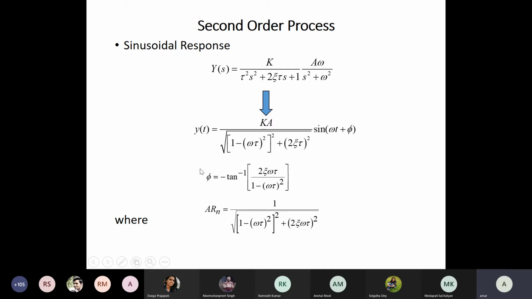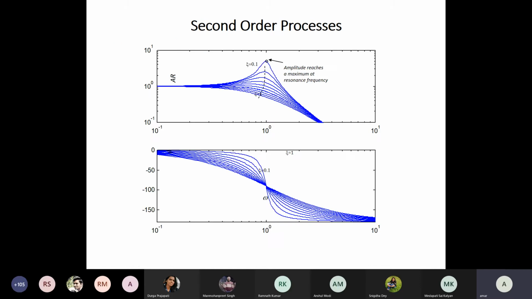And phi will be calculated from this expression: minus tan inverse of twice zeta tau omega by 1 minus omega square tau square. And the AR I put here is the normalized AR, so that means it is divided by K, the process gain. So I got the 1 by this thing. AR will be y over K, okay? So once you get this, I can plot it in the Bode plot.